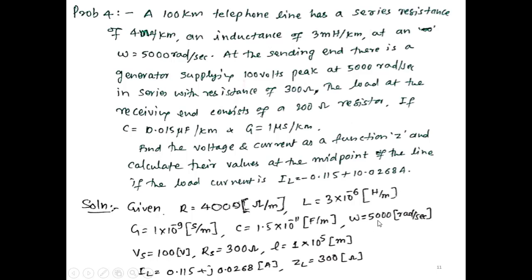Therefore, omega is equal to 5000 radians per second and Vs is equal to 100 volt and Rs is equal to 300 ohm. L is 1 into 10 raised to 5 meter and IL is equal to 0.115 plus j into 0.0268 ampere and ZL is equal to 300 ohm.